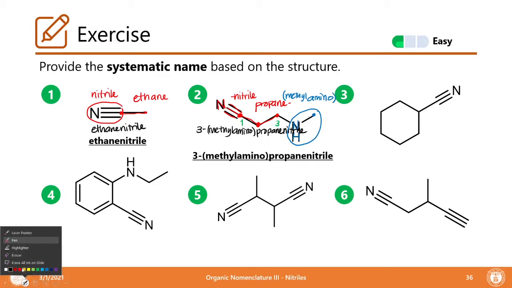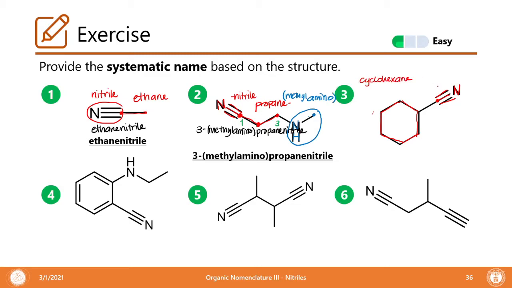Here we have another nitrile. However, this nitrile's cyanocarbon is not part of this larger cyclic ring, but we need this to be our parent chain, which is cyclohexane. So we must use the suffix carbonitrile.